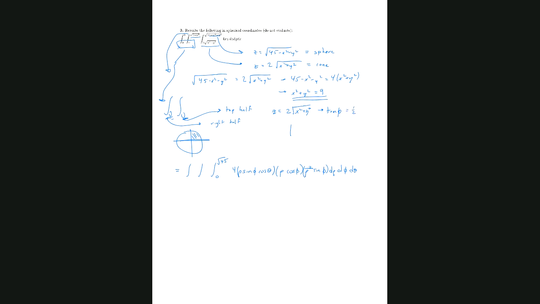So therefore, the limits for phi are 0 to inverse tangent of that, which I don't think is anything nice. And then theta goes from 0 to pi over 2. It's just the first. It's that lovely thing.